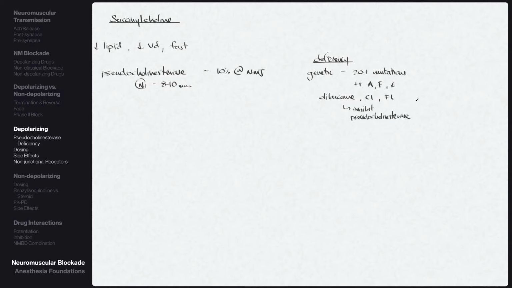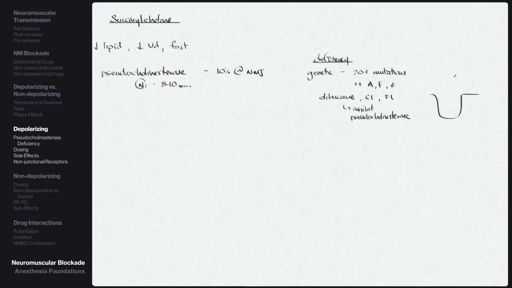What we like to do is see whether these agents are able to inactivate the normal pseudocholinesterase, and whether they are unable to inhibit different forms of pseudocholinesterase that might be variants. We can use this as a way to potentially identify different types of patients that might have an inability to react to dibucaine, chloride, fluoride.